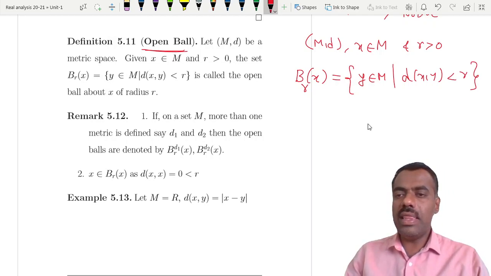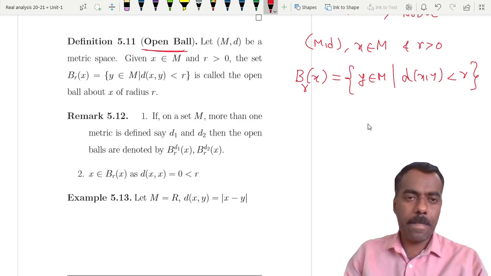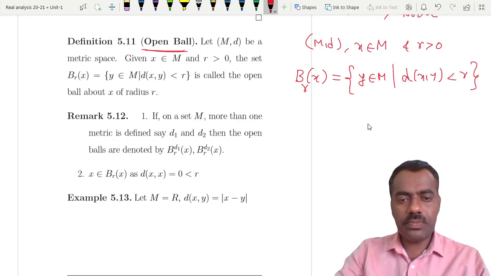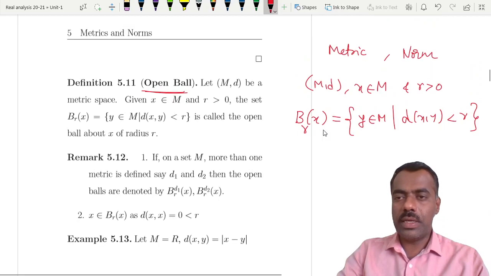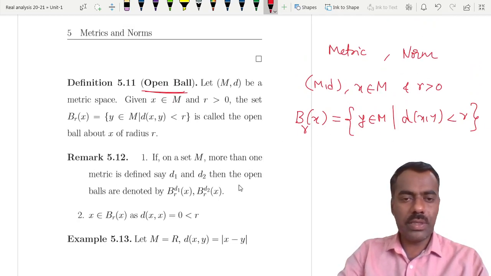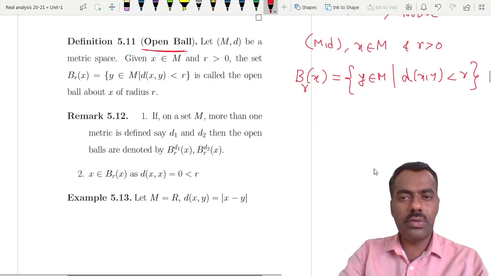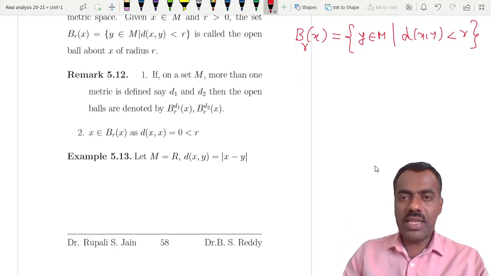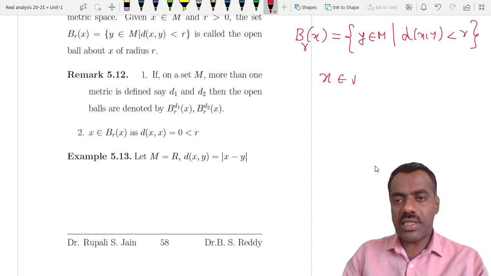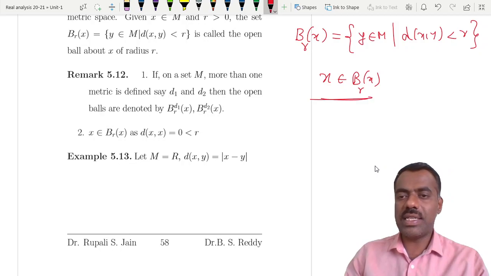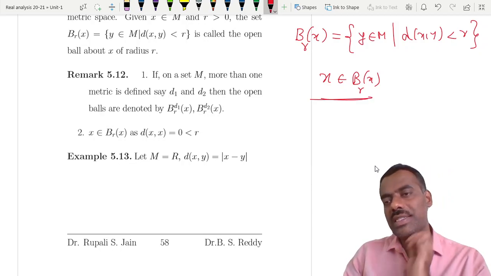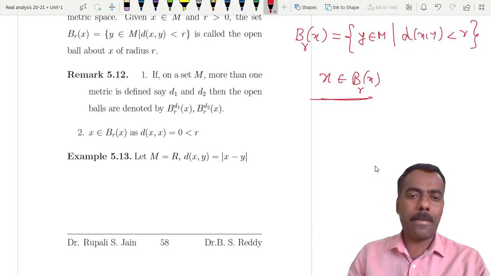It contains all the elements whose distance from x is less than r. You can also define these balls in terms of norms, which we will show soon. What you can observe here is that x is always there in this open ball around x, because the distance between x comma x is 0, which is less than r.